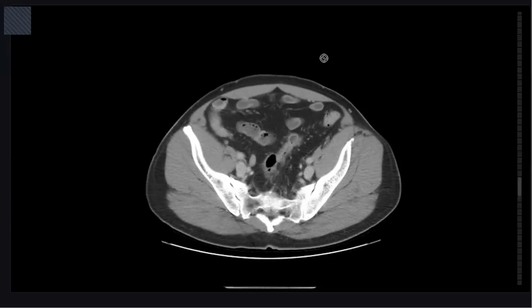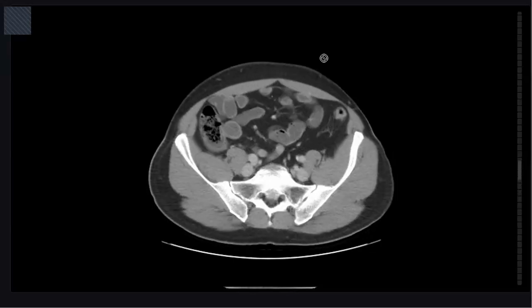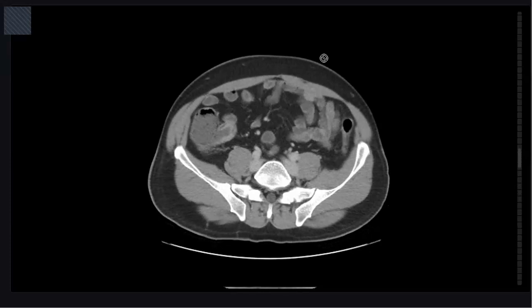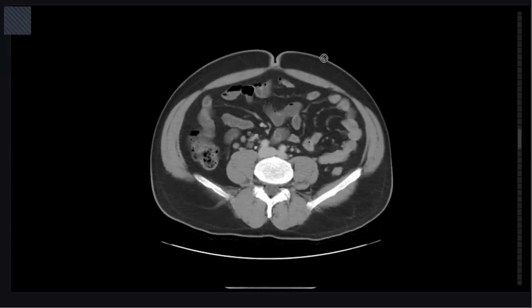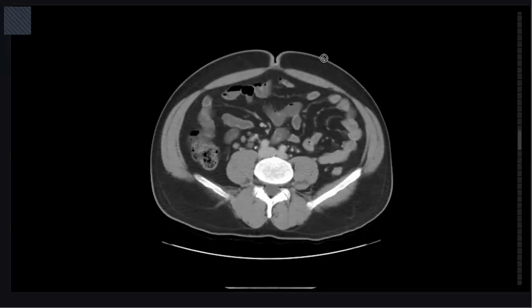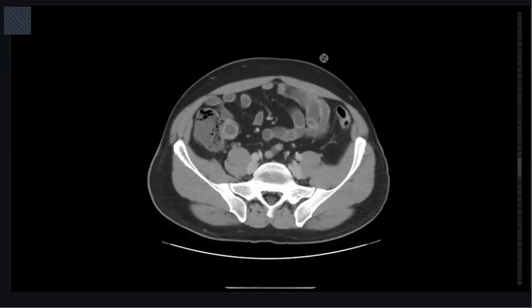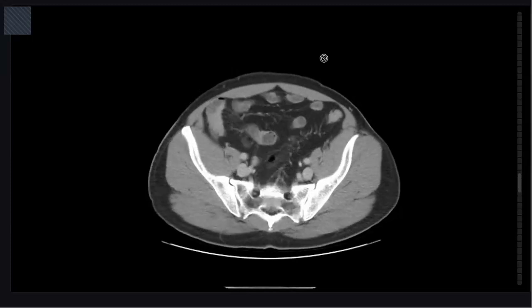I am searching for diverticuli, as I'm suspecting sigmoid diverticulosis, diverticulitis. Anything else other than this diverticulitis? Yes, I'm still searching.